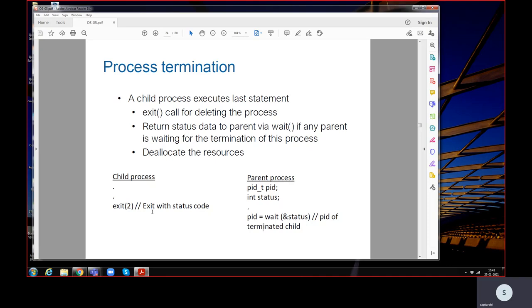But whatever it be, this mechanism will inform the parent which child terminated and with what status in exit. So this is an example which shows the relationship between wait and exit.